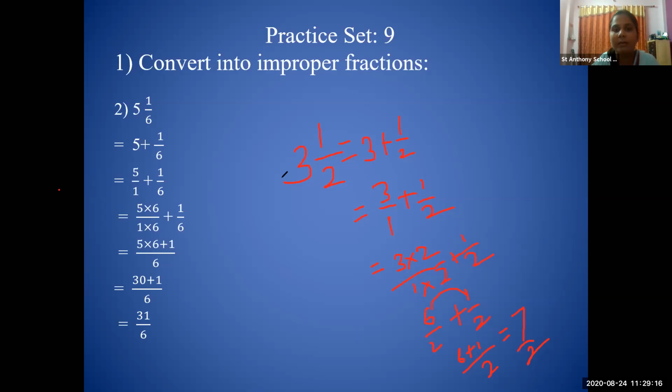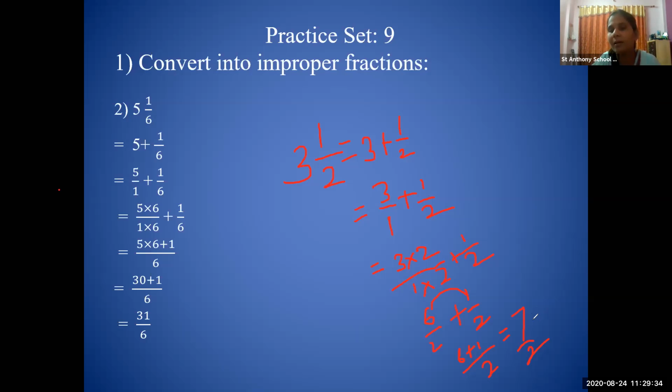Means we converted that 3 1/2 into the improper fraction 7/2, where 7 is greater than 2, means the numerator is greater than the denominator. So this is an example of an improper fraction.